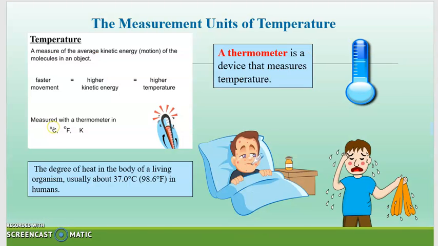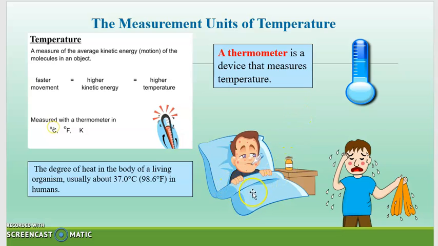The measurement units of temperature are three: Celsius, Fahrenheit, and Kelvin. Most of the time people use a thermometer to measure temperature. A thermometer is a device that measures temperature.